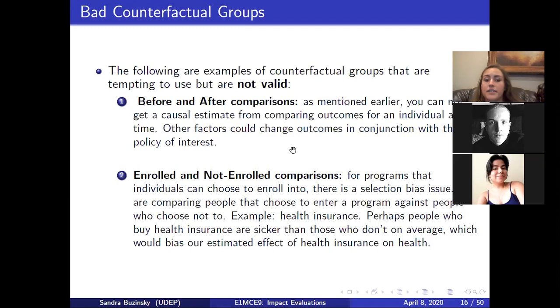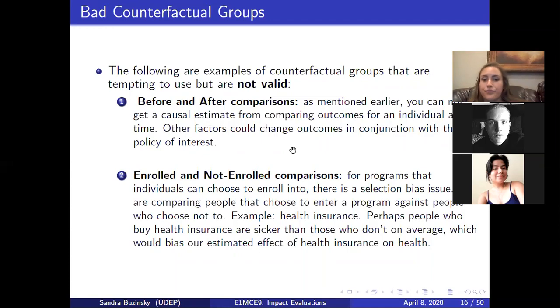That's because we're comparing two different groups of people, and they're going to choose whether or not they receive treatment, and that's going to be determined by some underlying characteristics that we don't want to be affecting our outcome. For example, with health insurance, perhaps people who buy health insurance are sicker than those who don't on average. So it's the same thing as going to the hospital, and that would bias our results if we're looking at the effect on health, because our outcome variable to begin with is different between the two groups.